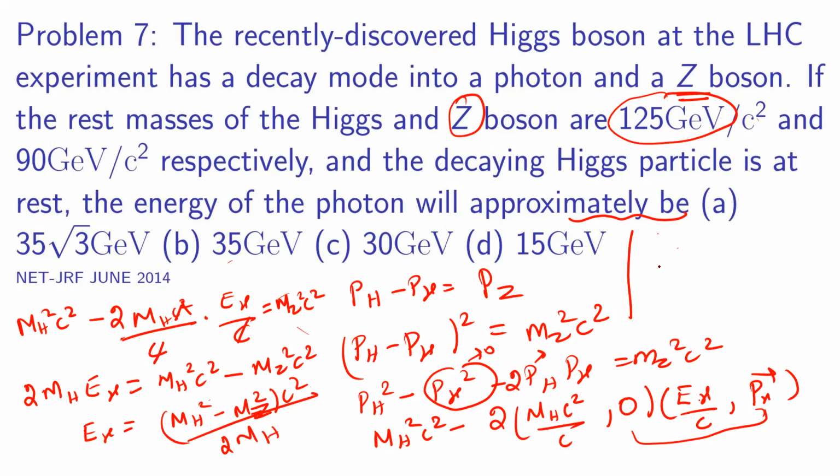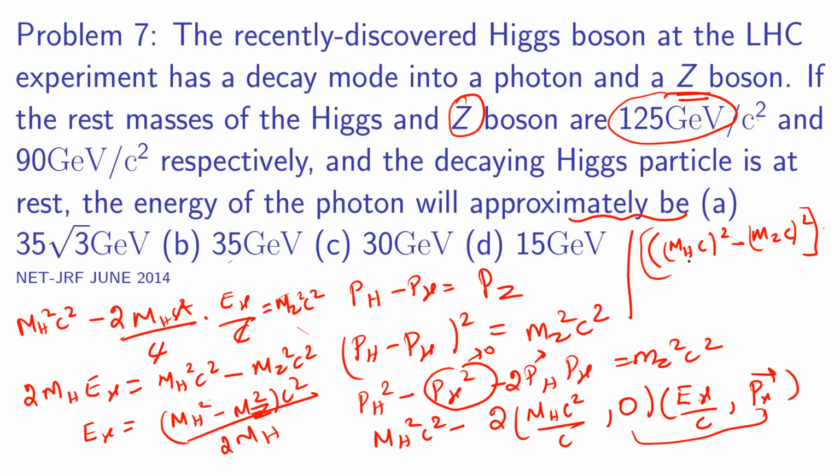So it's easier to write it like this. You can write this as mh c whole square minus mz c whole square. Okay. So you will have to pull the c square outside because I've multiplied by c square inside. So this c square will vanish. Is that correct? Yeah.